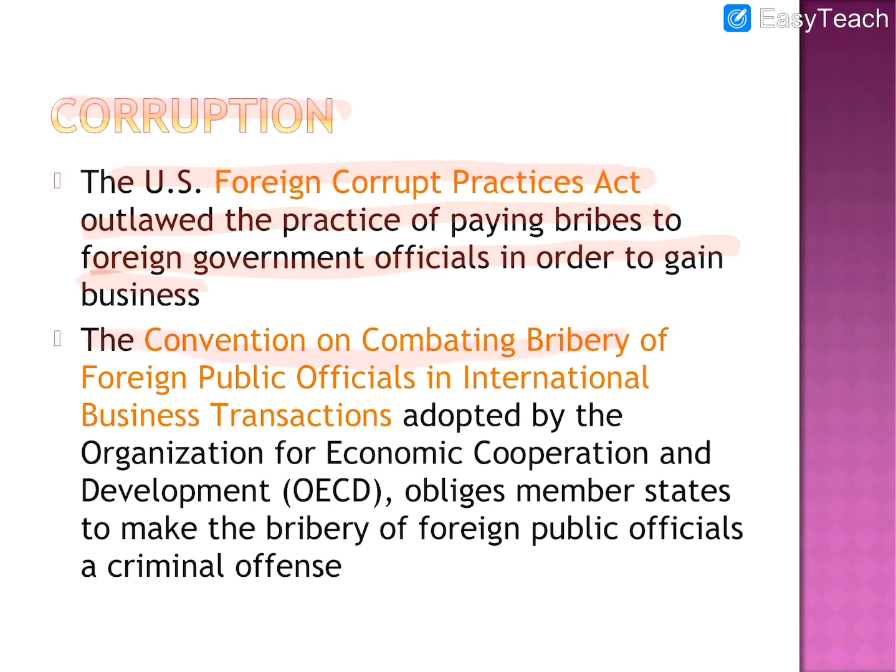The Convention on Combating Bribery of Foreign Public Officials in International Business Transactions, adopted by the Organisation for Economic Co-operation and Development, or OECD, obliges member states to make the bribery of foreign public officials a criminal offence. So in the US, corruption is a criminal offence. If you do corruption, normally they will put you into prison if you are found guilty.